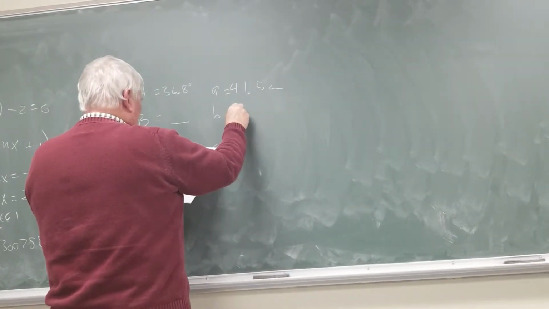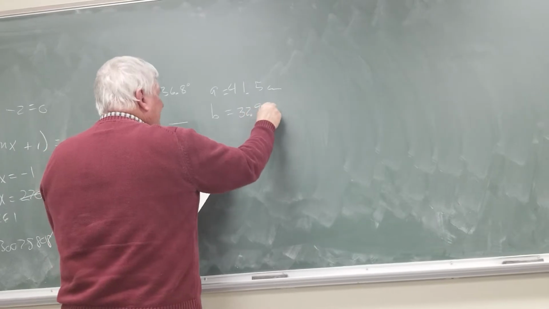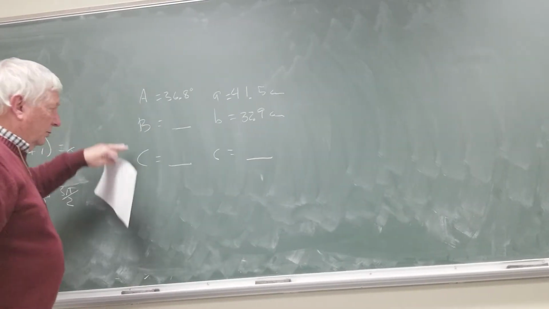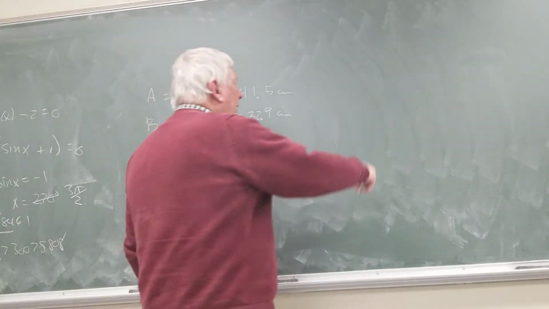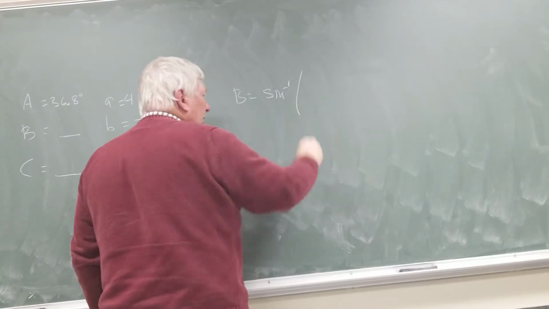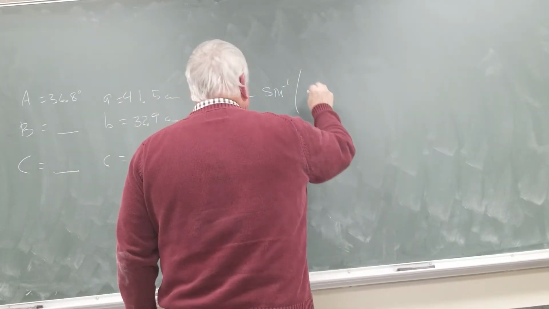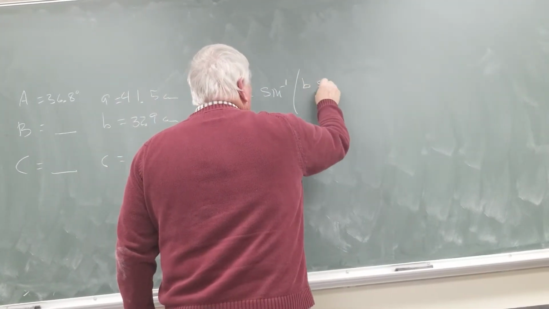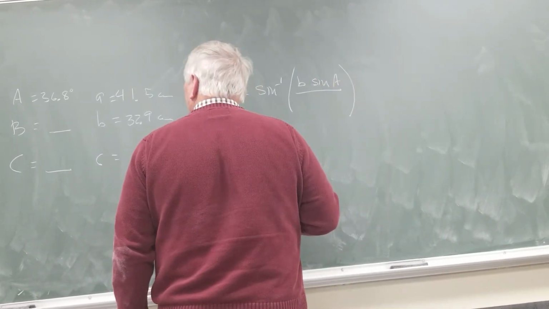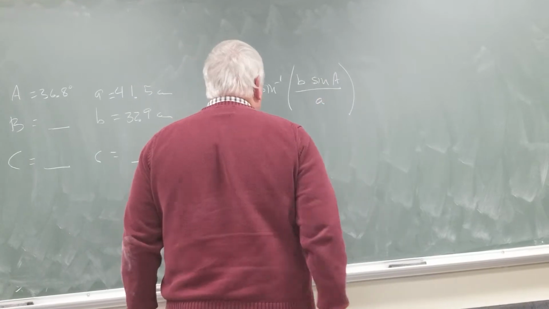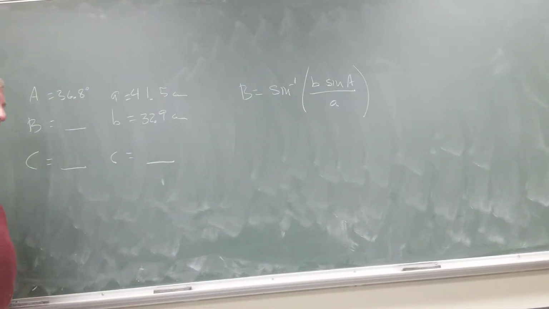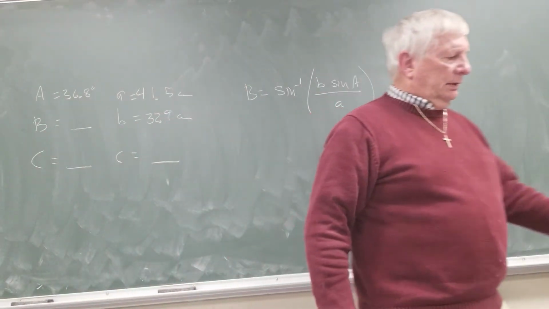Given b is 32.9 centimeters. And side c is unknown. So we first go for angle B. Angle B is the inverse sine of little b times the sine of angle A divided by little a. And throw all those numbers in.